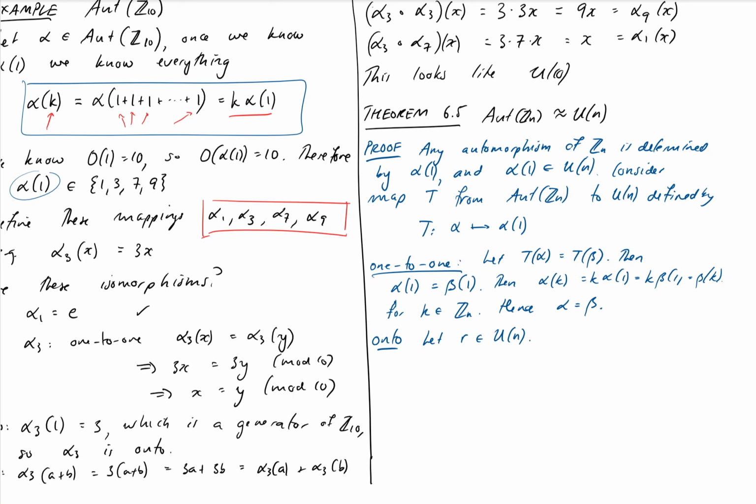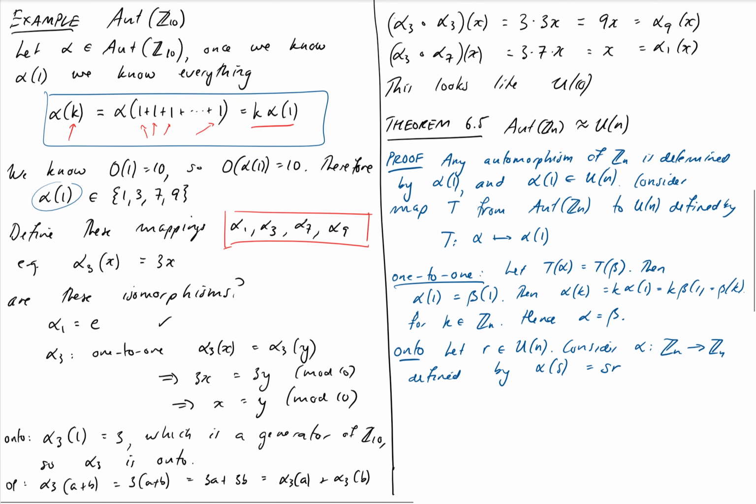So we'll define our automorphism, or consider an alpha that maps Zn onto Zn, defined by alpha of S is equal to S times R. So the R is taking the role of the 1, 3, 7, and 9 for my Z10 example, and I'm defining the mapping pretty much in the same way.